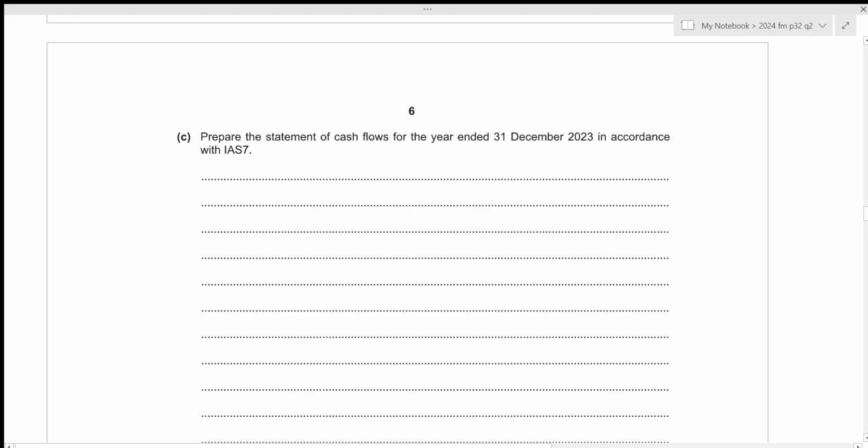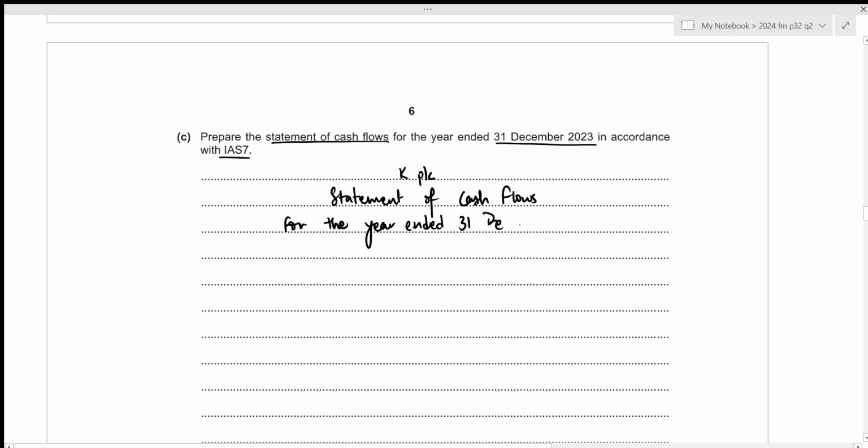We now need to prepare the statement of cash flows for the year ended 31st December 2023 in accordance with IAS 7. Alright, remember that we are preparing for KPLC. We are preparing the statement of cash flows, and this is for the year ended 31st December 2023.